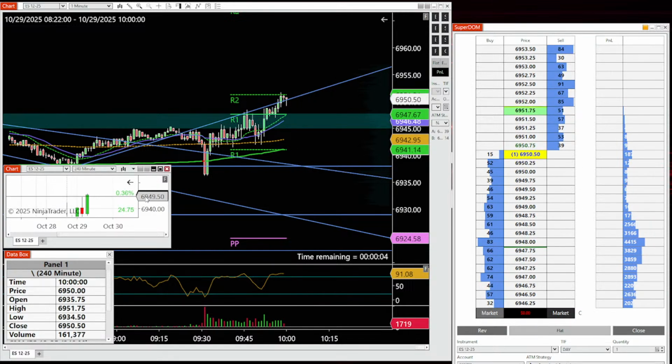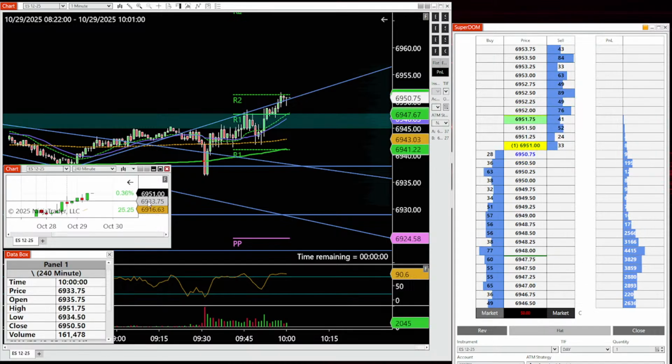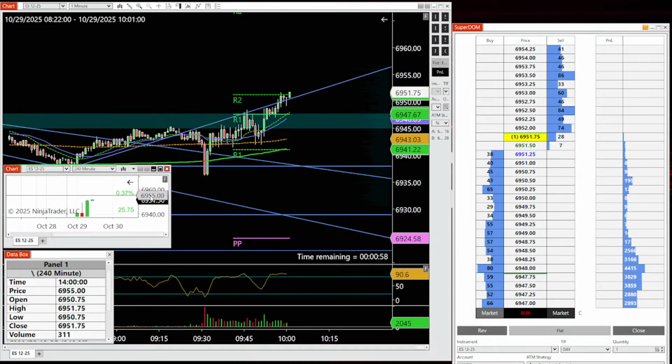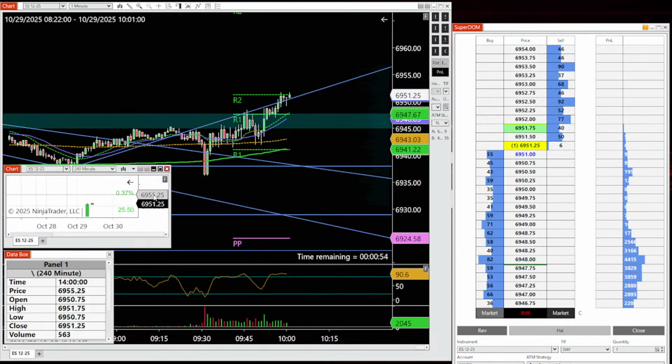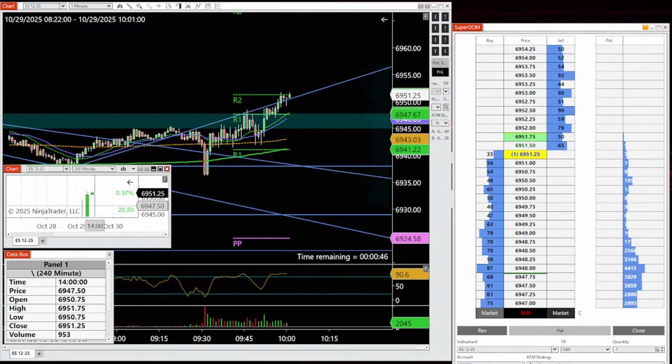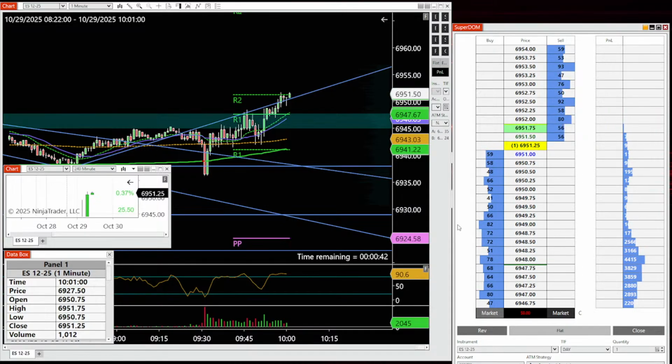Okay, 4-hour bar about to open up here. Let's see. And it's open. And what do we want to do? Is it going higher or is it going to break the lower 50.75? 50.75 is the low.